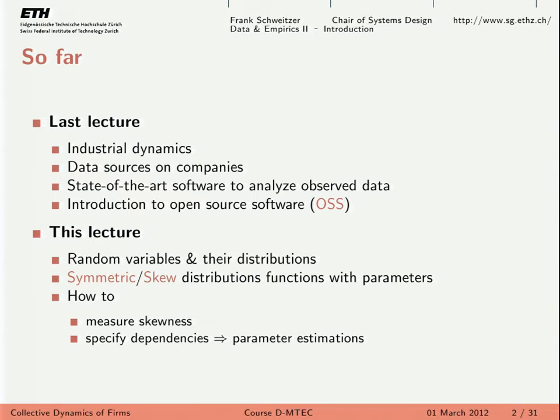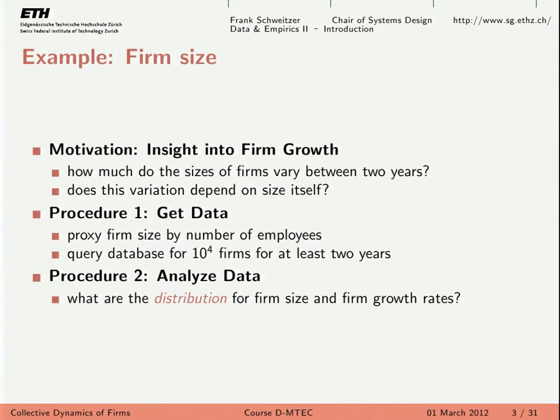And we will introduce 2 classes of distributions today that play a role through the whole course. These are the symmetric and the skewed distribution. In particular, you will learn how to measure skewness, and you will also learn how to determine specific parameter dependencies of these distributions. So, let me go back to the examples that we used already last week.